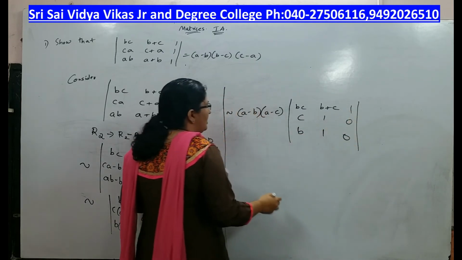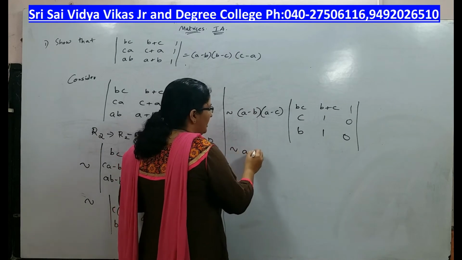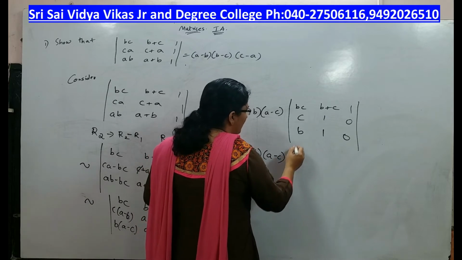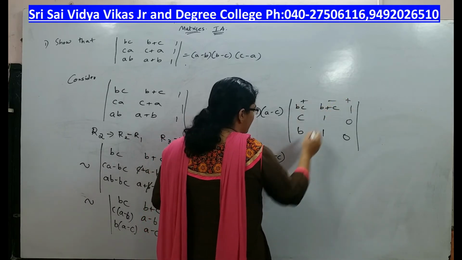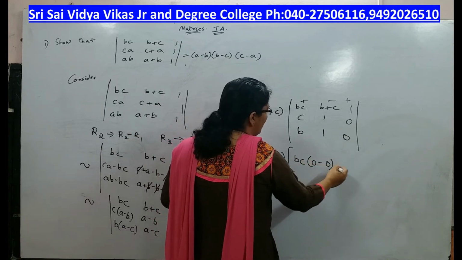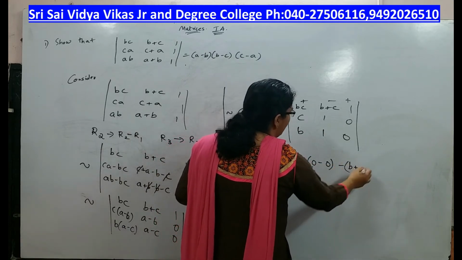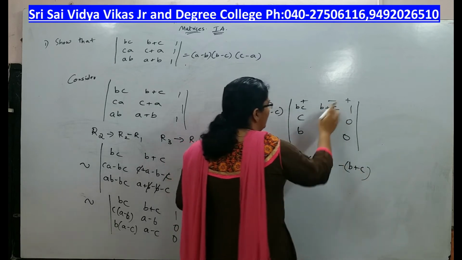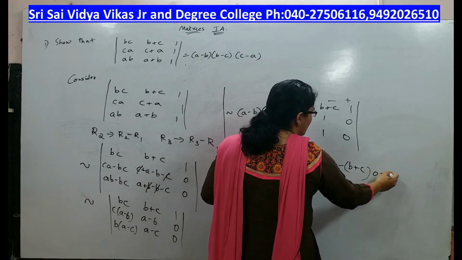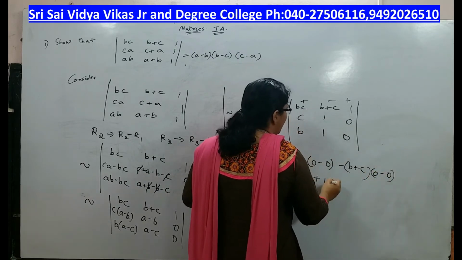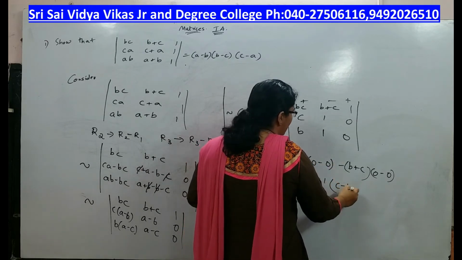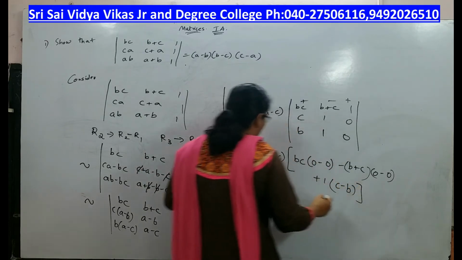Let us take the determinant of this, with signs plus, minus, plus: BC into 0 minus 0, minus B plus C into (close this column, close this row) 0 minus 0, plus 1 into C minus B. That is what you have.